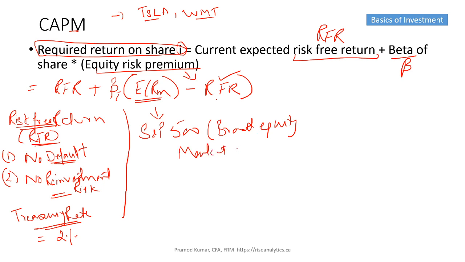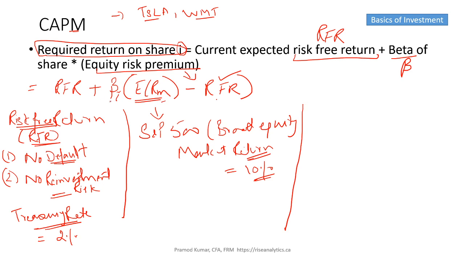What's the return on that market? Historically it gives on average about 10%. Maybe it goes a little up and down, but in our equation we'll assume 10%. So this is the second component.